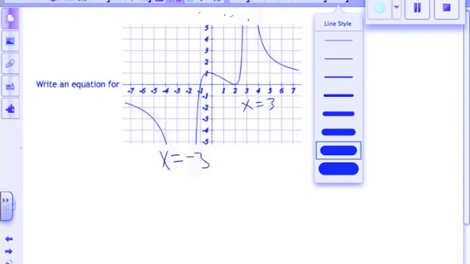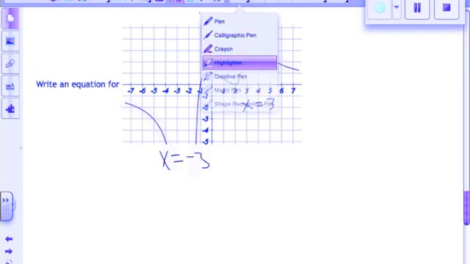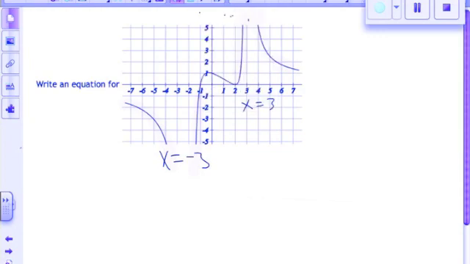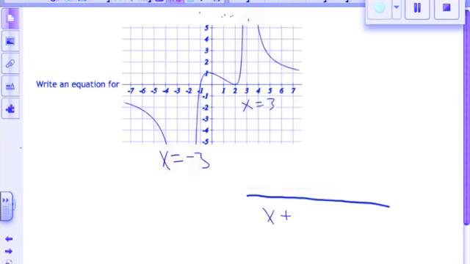So what I'm going to try to do for this is square each of those denominator factors. Whoops, let me get a pen. Okay, so I'm going to write x plus 3, and I'm going to square it to get that behavior going on. The same thing over here. I'm going to write x minus 3 and square it to get that reciprocal squared behavior.